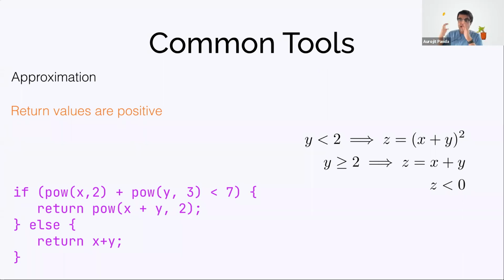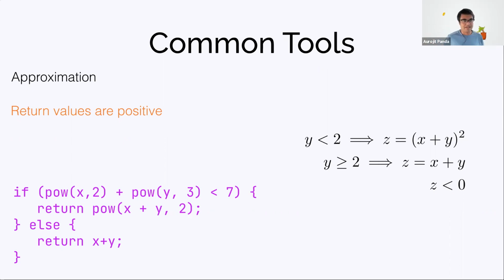I might say that the program is buggy, even though the program isn't actually buggy. I could also be in a different situation where the SMT solver doesn't find a counterexample. It says, hey, this thing is perfectly safe, but in fact, there is a bug. So approximations usually require trading off soundness or completeness. And that's the thing that we have to worry about.